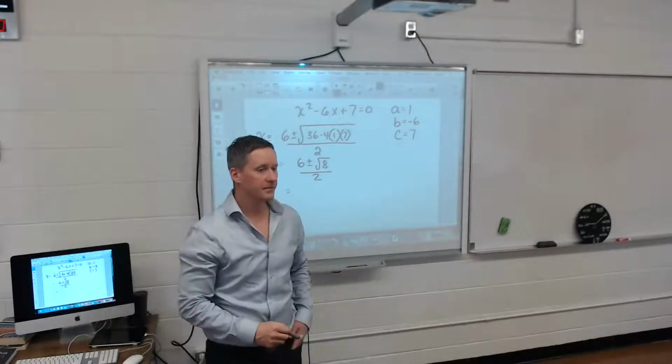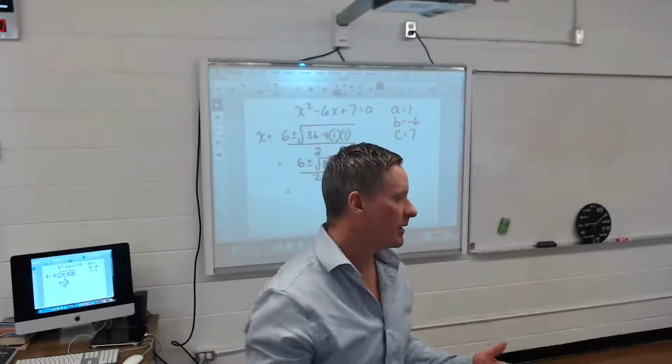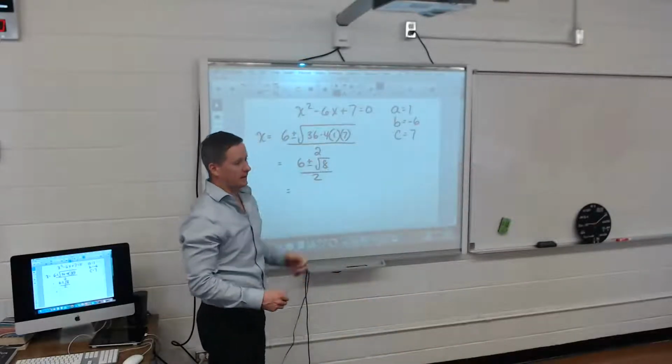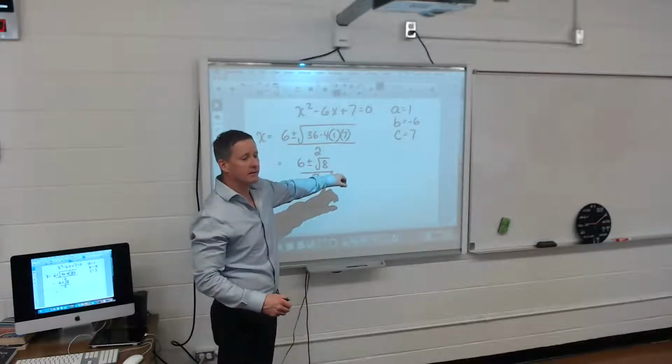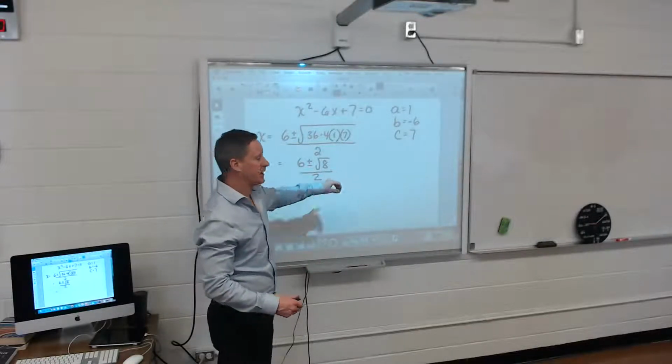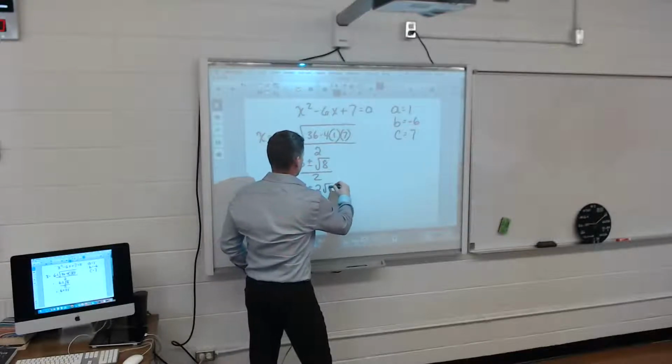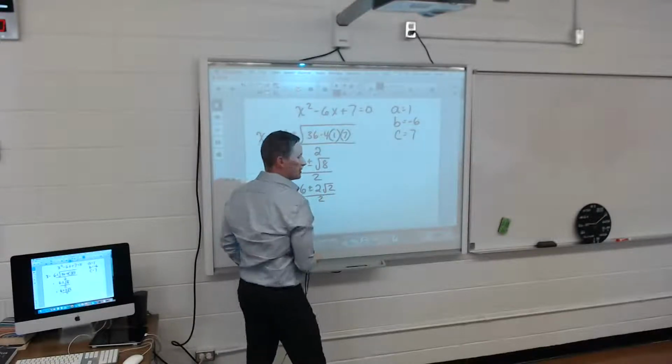So now, because we're going to go into this right away, I'm looking at this and I'm saying, okay, 4 goes into 8, correct? So I'm going to change that and make it 6 plus minus 2 square root 2 all over 2.